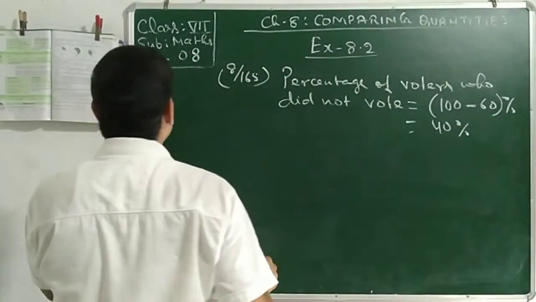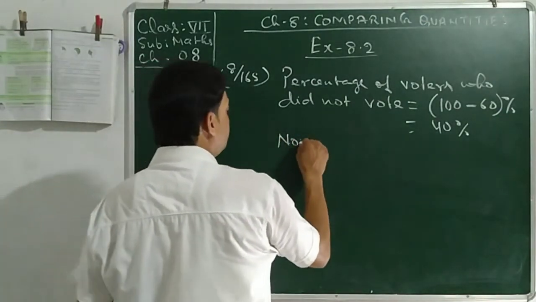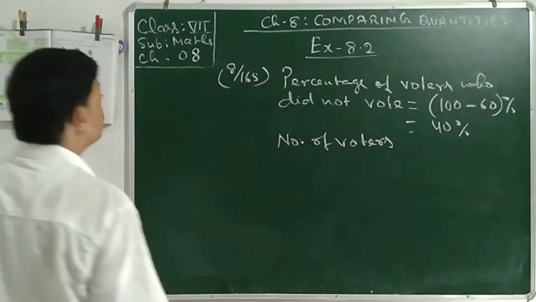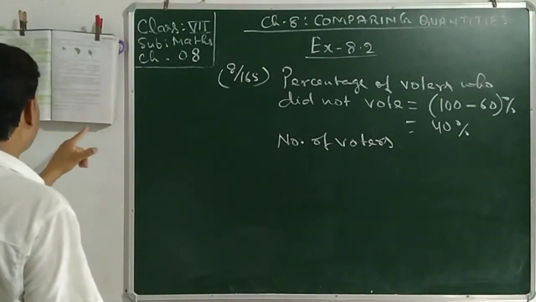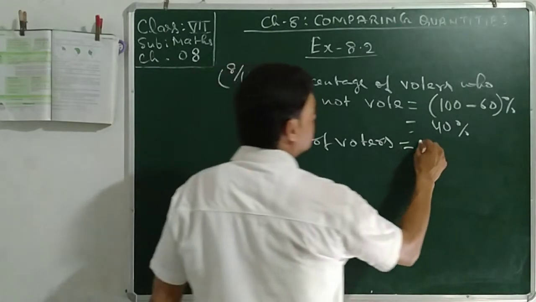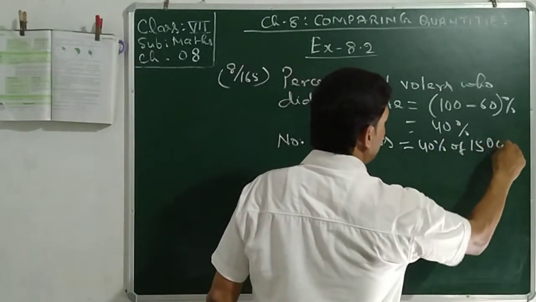Now, number of voters are also asked. Number of voters equals 40% of 15,000. So we will write 40% of 15,000.